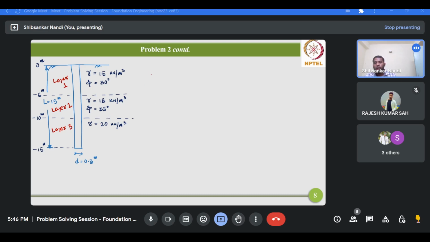Now first we will try to establish the profile of the effective overburden pressure, because it's very essential to calculate both the ultimate point bearing resistance and the skin friction resistance.